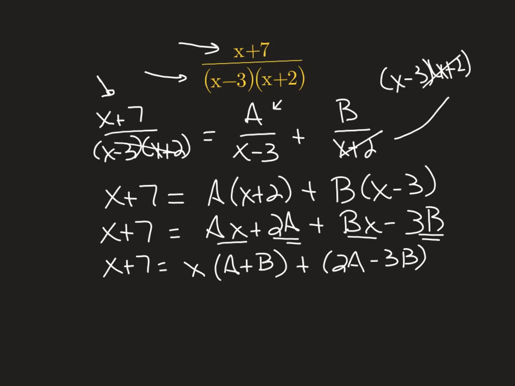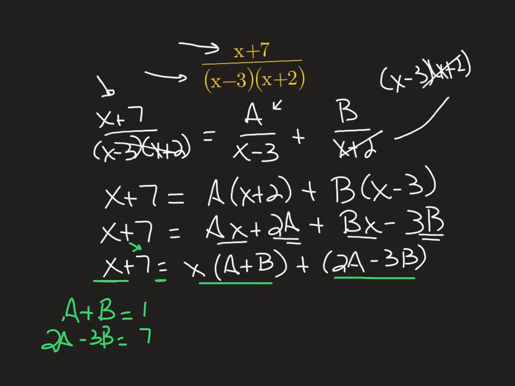There's one x on this side, and there's an equal sign, which means there has to be one x on that side. So A plus B has to equal 1. There's also a 7 on this side, and that means that 2A minus 3B, which has no x's at all, has to equal 7. So there's my system.